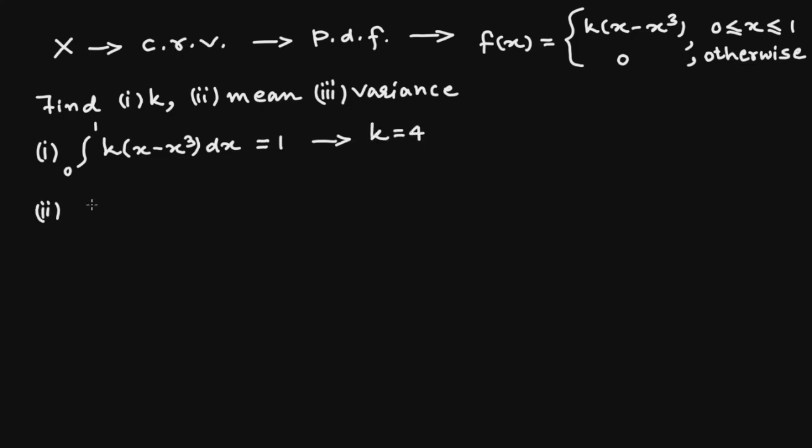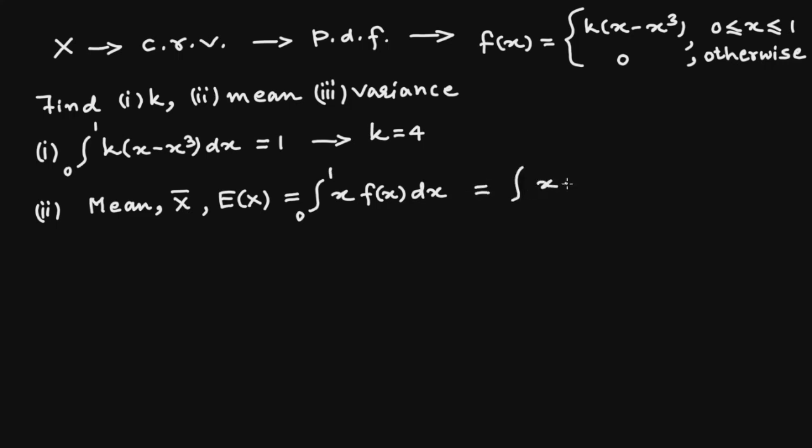Next, for finding mean x bar or expectation x, we write integral x into f(x) dx from domain 0 to 1, which will be integral x into value of k, 4, into x minus x cube dx from 0 to 1, which after solving gives us 8 upon 15.